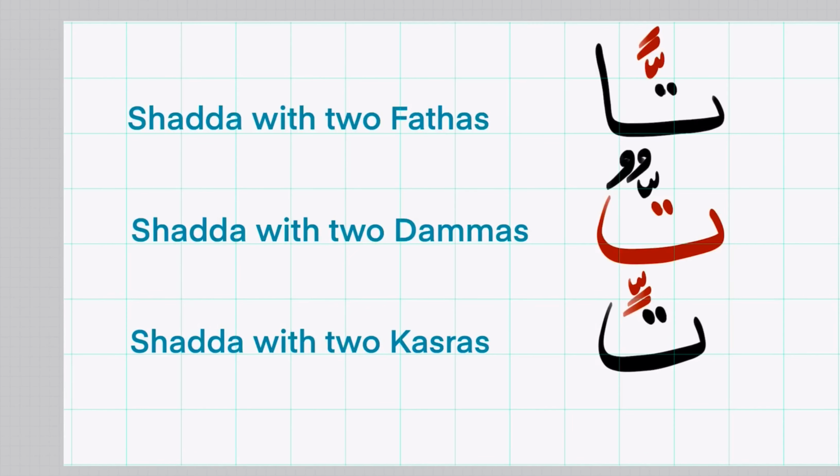These are three styles of shadda attached to tanween. Shadda with two fathas or tanween fatha, shadda with two dhammas or tanween damma, and shadda with two kasras or tanween kasra. It 10 as shown on the first line, it tun as shown on the second line, it 10 as shown on the third line.